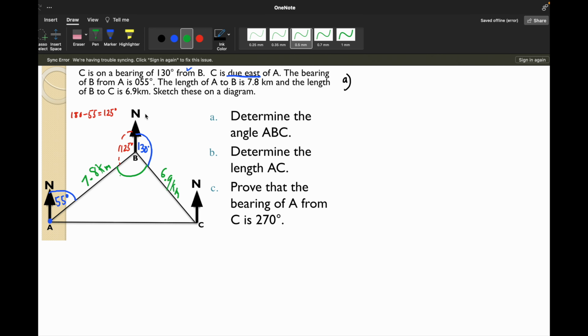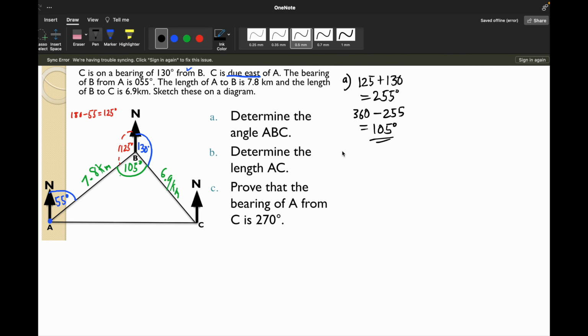All three of these angles should add up to what? 360. Exactly. So 125 plus 130 is equal to 255 degrees. So then I could say now 360 minus 255, which is equal to 105 degrees. So here is 105 degrees.